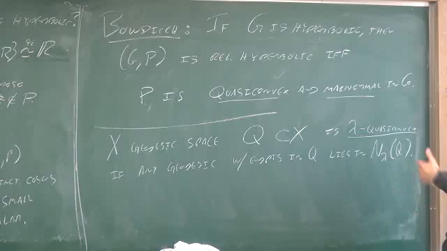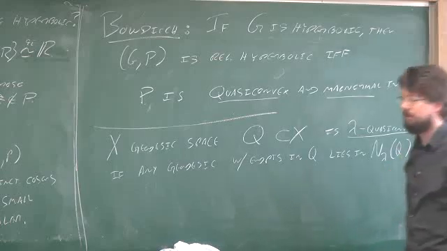And you just say that Q is quasi-convex if there exists such a lambda.